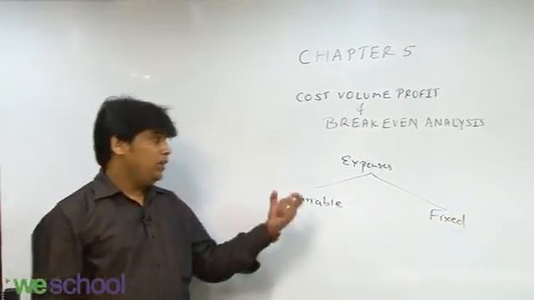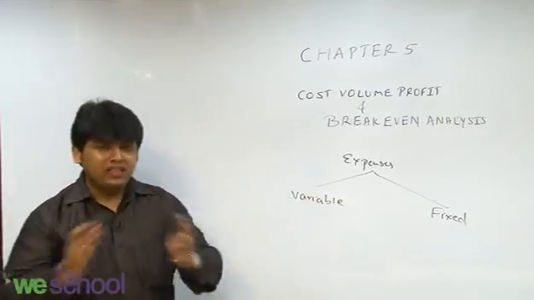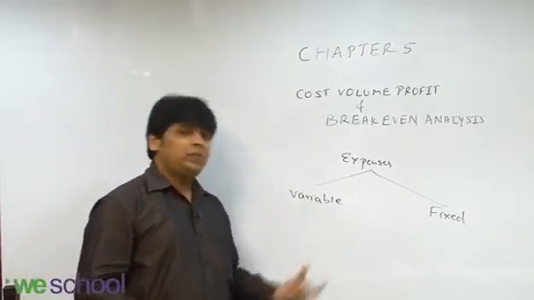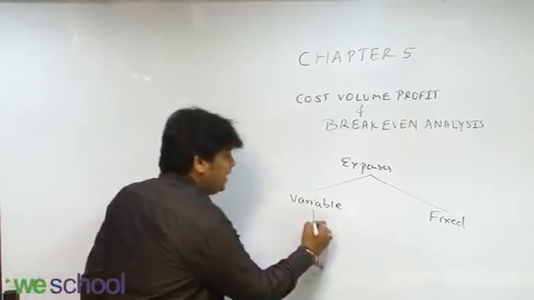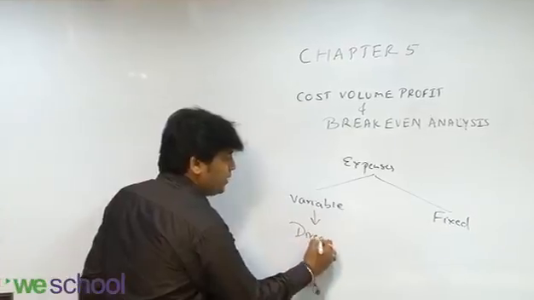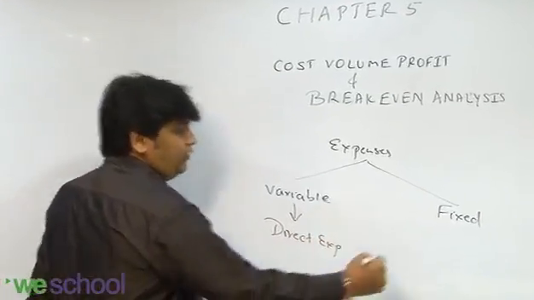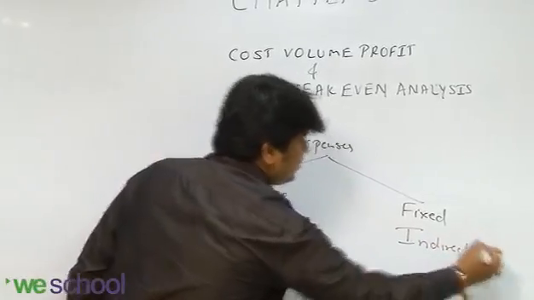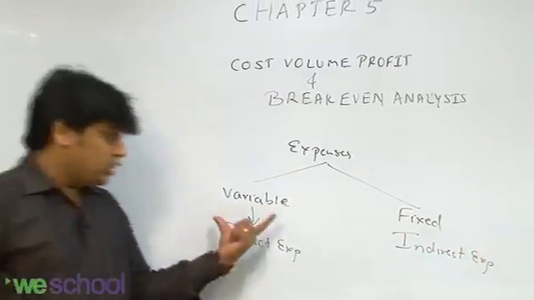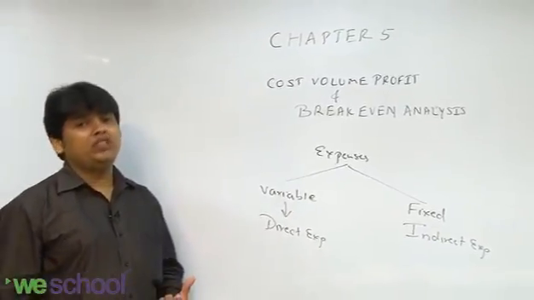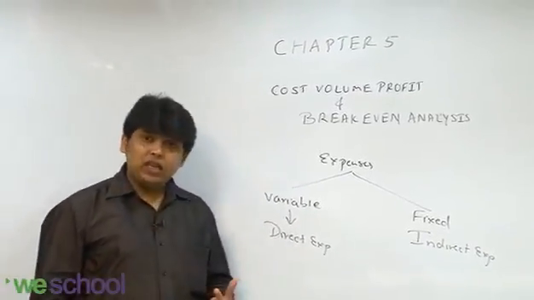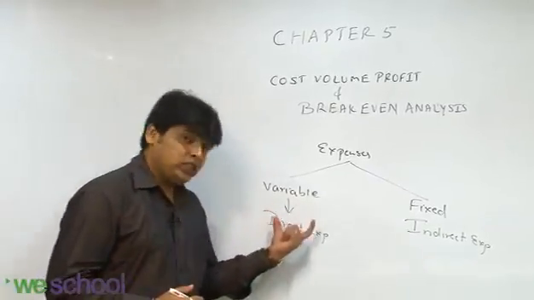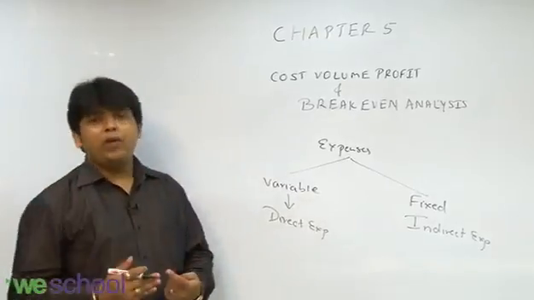I repeat, on the basis of behavior, the expenses are classified as variable expense and fixed expense. Variable expenses are direct expenses and fixed expenses are indirect expenses. The definition of variable expense goes like this: the expense which varies with the production.